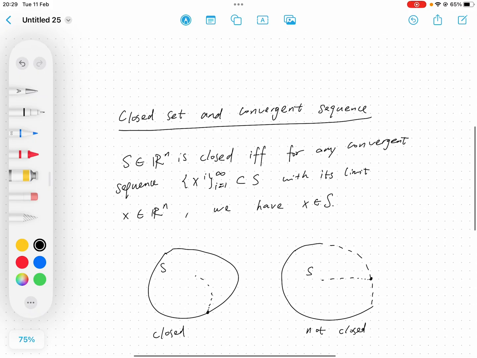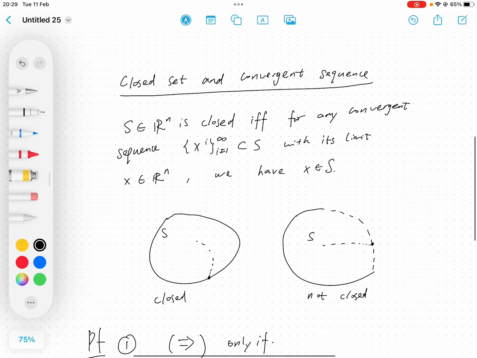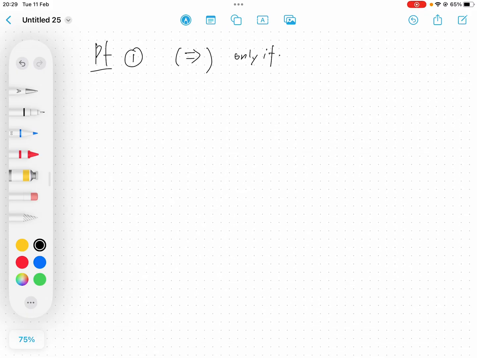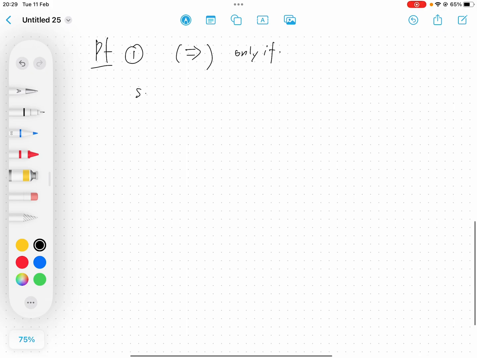First we suppose that this S in Rn is closed, and from that we derive the other statement. So now let's do this. Suppose S is a closed set.